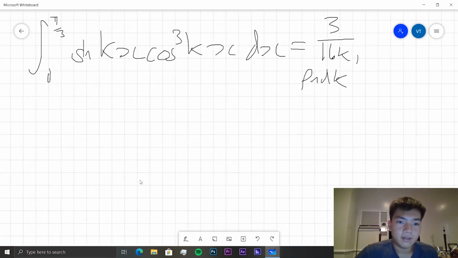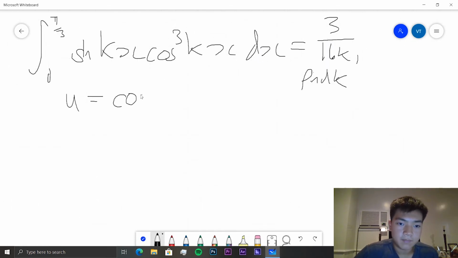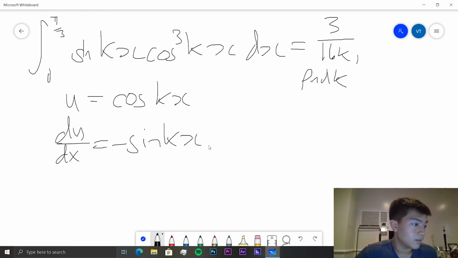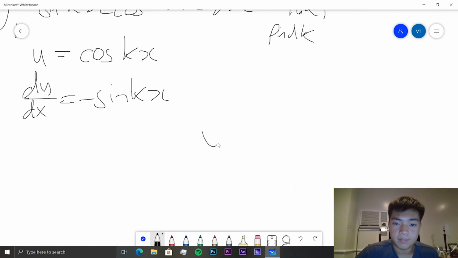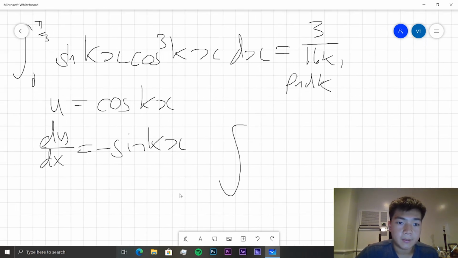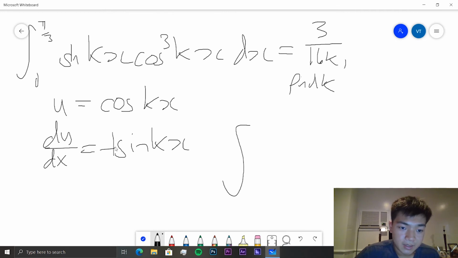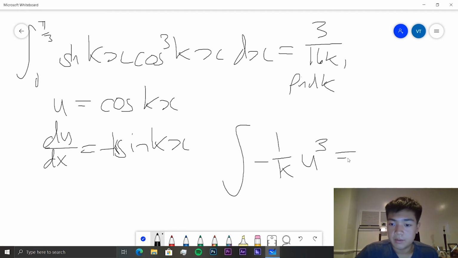So what we have here is we can substitute u is equal to cosine kx, so du over dx is equal to negative k sine kx. So we have negative 1 over k times u cubed is equal to 3 over 16k.